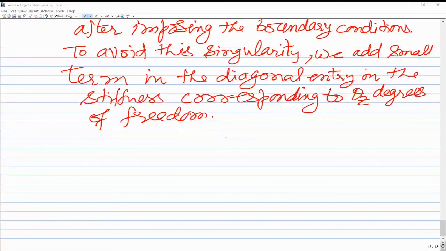Okay, sir. So, sir, why are we using different sign conventions for rotations in the local system? Yeah, that's a very valid question. We could use the same sign convention. In the element formulation in the local coordinate system also, we can have theta x as rotation about x axis, theta y as rotation about y axis.